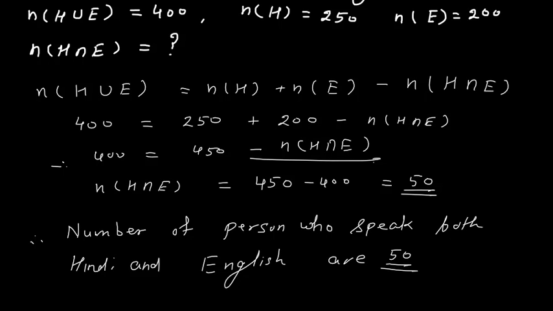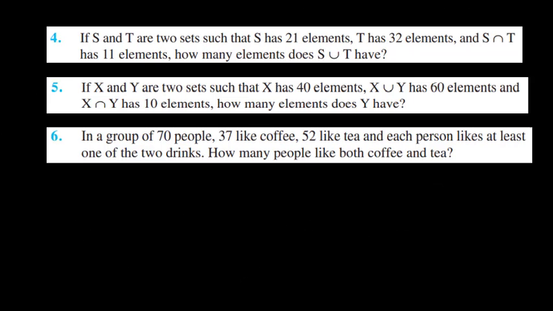Okay. Now let us see the next question. If S and T are two sets such that S has 21 elements, T has 32 elements, S intersection T has 11 elements, how many elements does S union T have? This is our fifth problem.